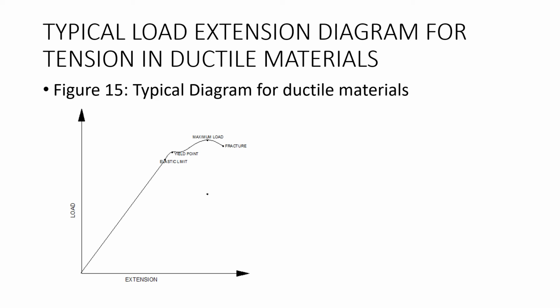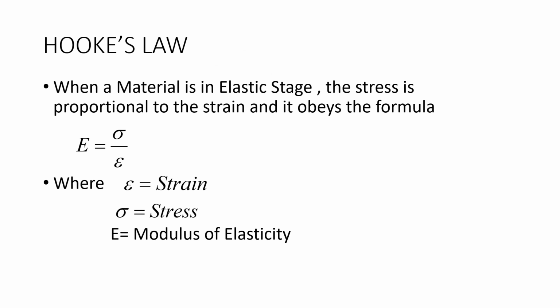As you can see in the diagram again, this is the elastic limit from 0 up to here, where the load and the extension are proportional. So within the elastic limit, the stress and the strain are proportional. But after that, they don't obey what we call Hooke's law.